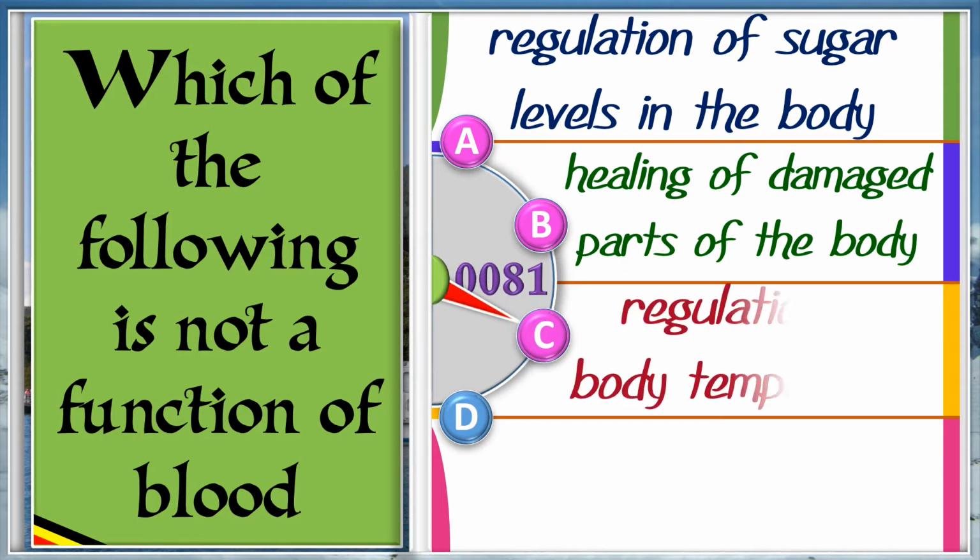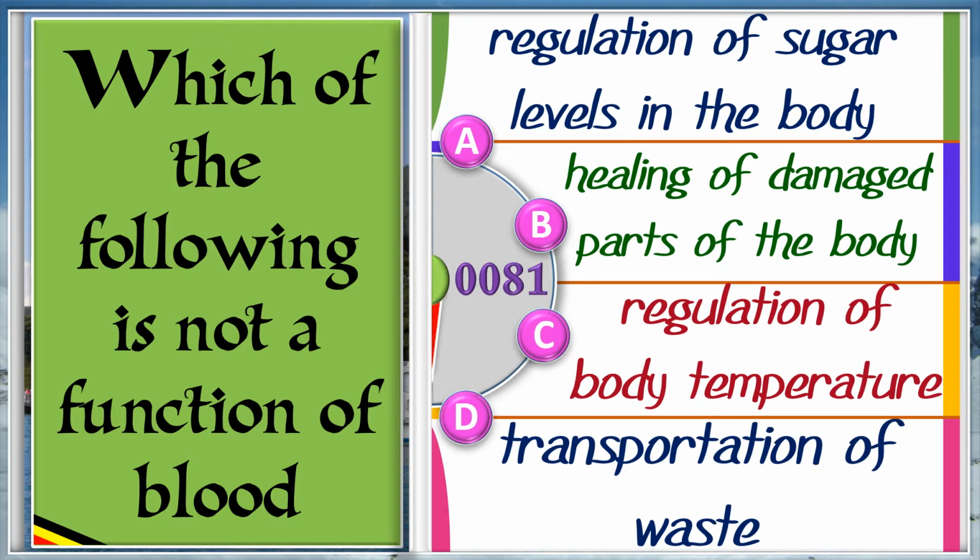C. Regulation of the body temperature. D. Transportation of waste. And the answer is A. Regulation of sugar levels in the body.